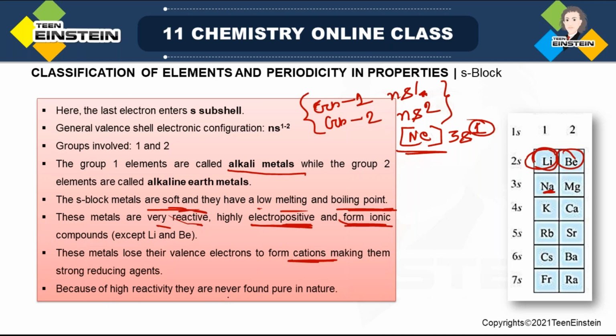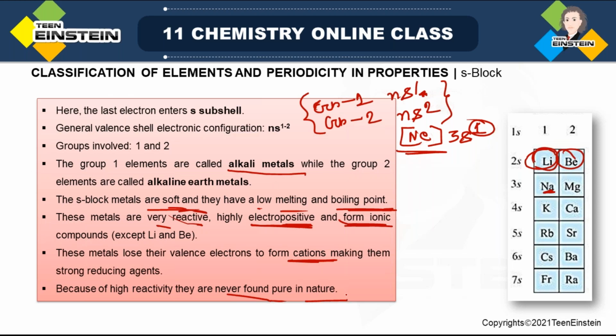Because of high reactivity, they are never found in pure condition, that is, in elemental form. What do I mean by elemental form? Just in the form of Na, or strontium, you will never find them. Why? Because they are very reactive. They will always react with some other elements, always try to give electrons, because they can easily lose these electrons.